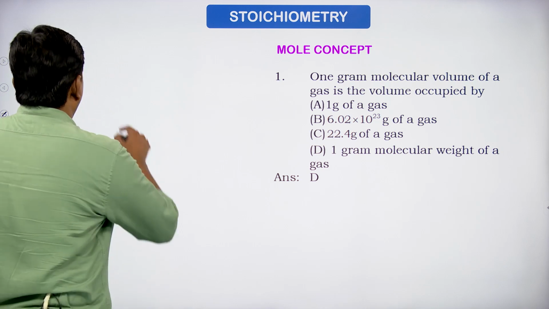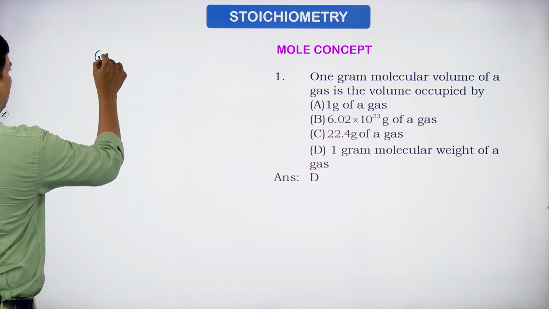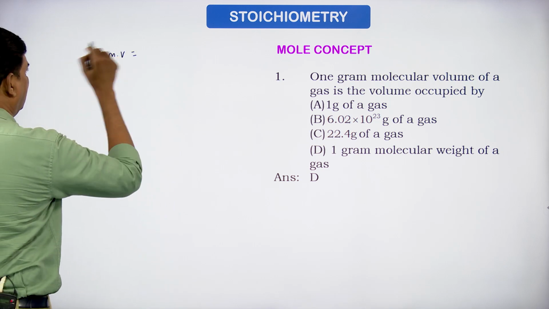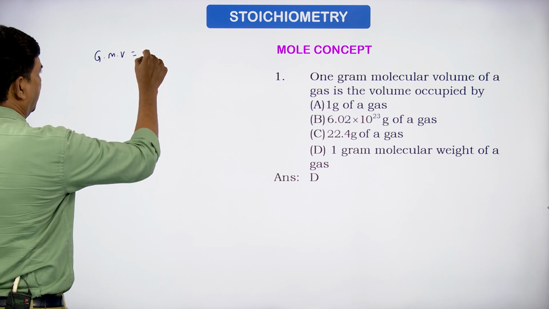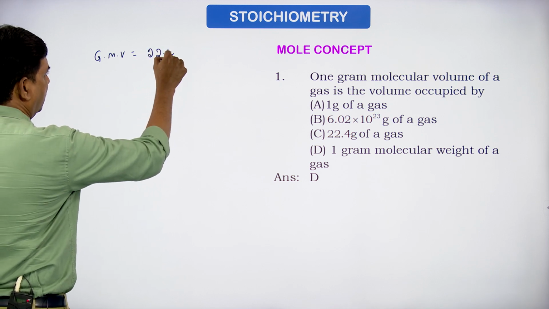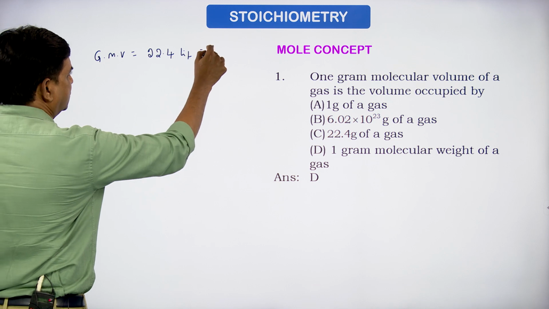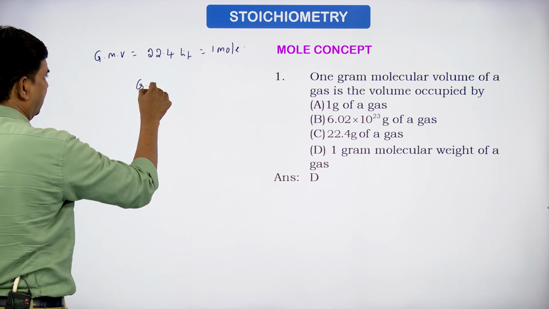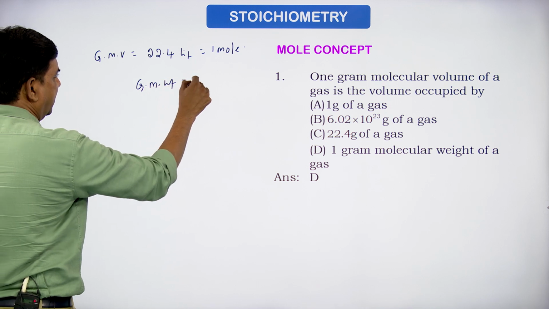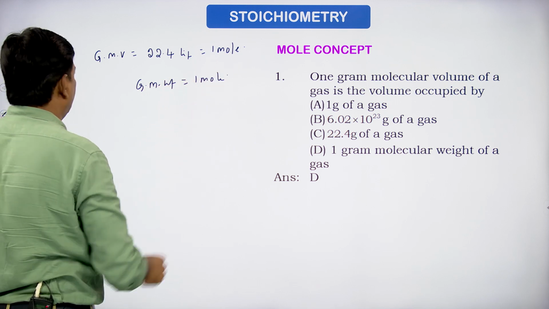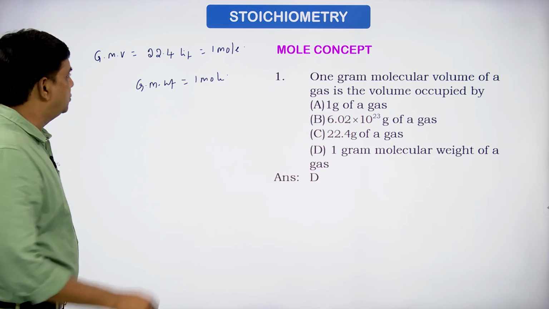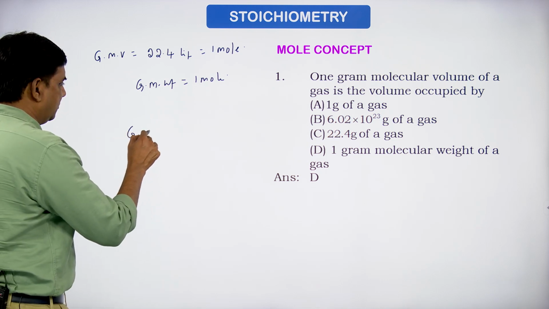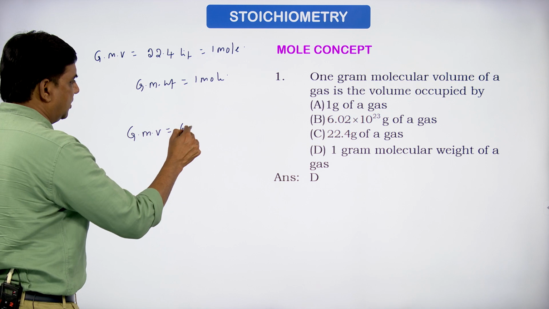So we know that gram molar volume is equal to 22.4 liters, which equals 1 mole. And we know that gram molecular weight is also equal to 1 mole. Therefore, by relating these two, gram molar volume is nothing but the gram molecular weight.